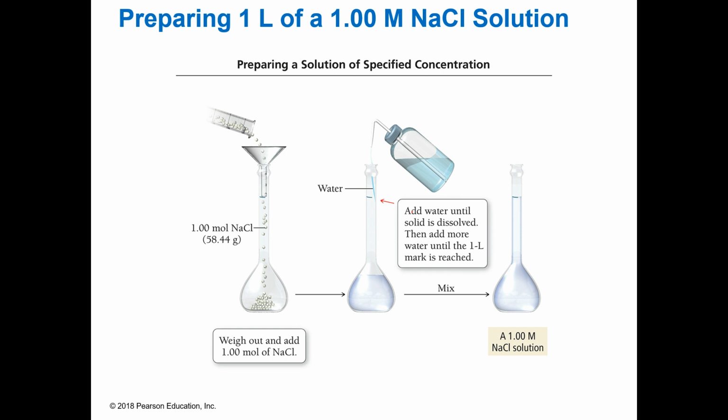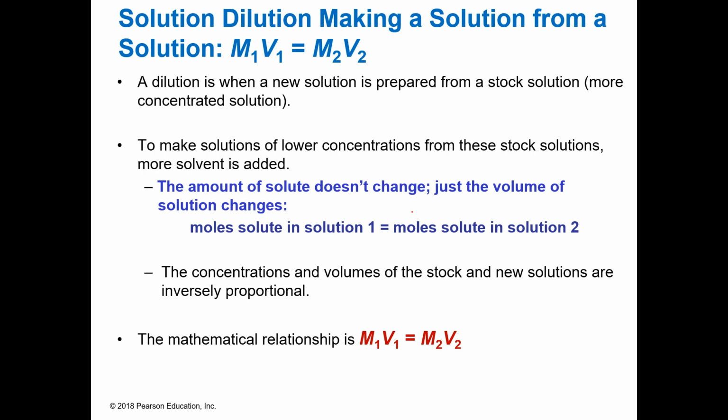That process is called a dilution. So we take something that is higher in concentration and take it to something lower. We're diluting it by adding more of our solvent, and in this case, our solvent's really just going to be water.